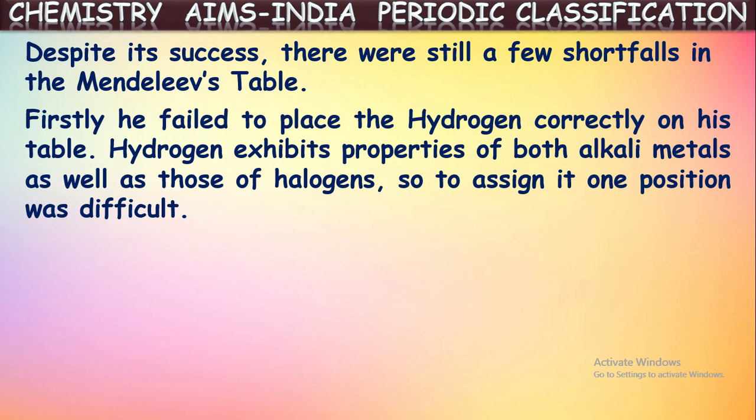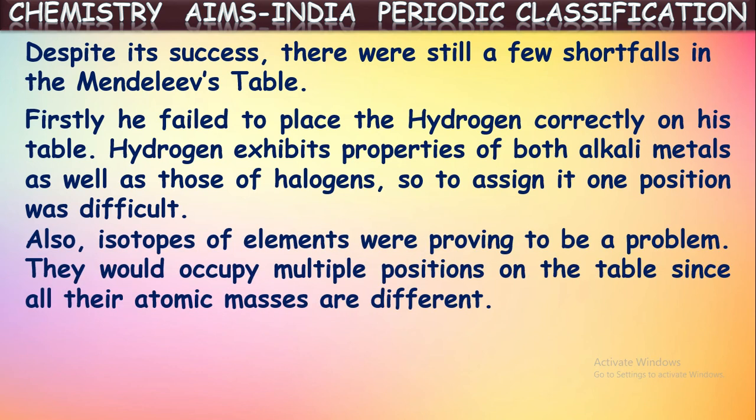So he was in confusion whether to keep hydrogen in the alkali metals column or in the halogens column. There he kept two places for hydrogen, and assigning it one position was difficult for him. That is one drawback.